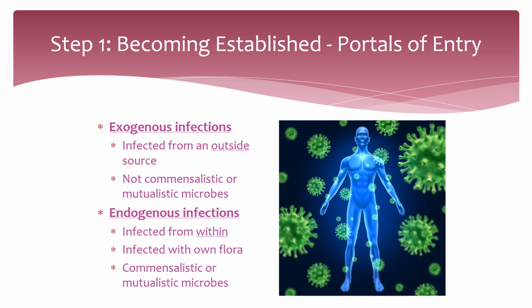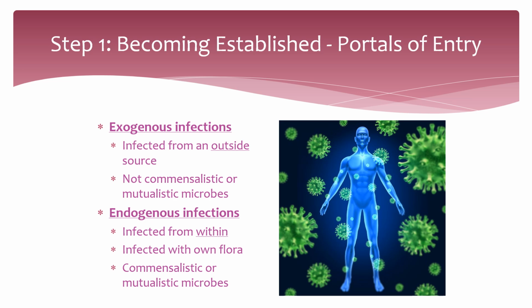There are typically two categories that we are going to talk about as far as microbes getting into our system, or potentially kind of being a call from inside the house. So let's talk about it. So we have exogenous infections and endogenous infections.